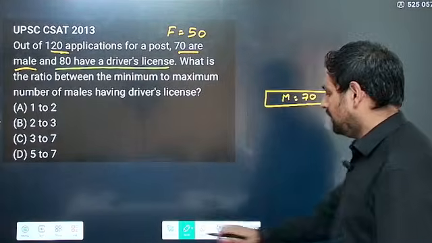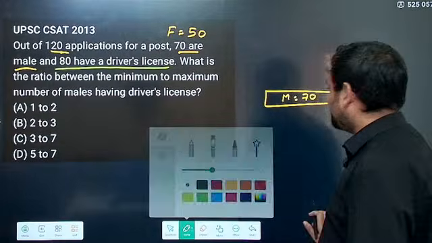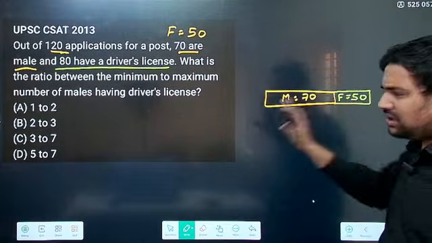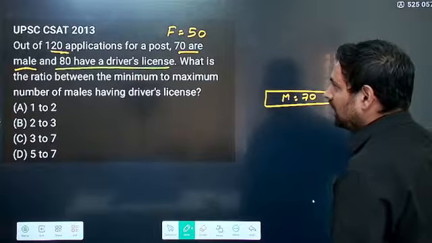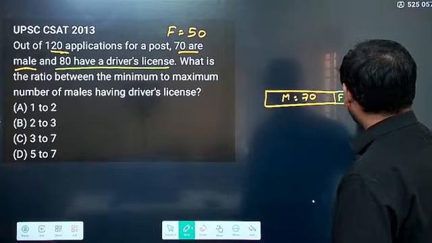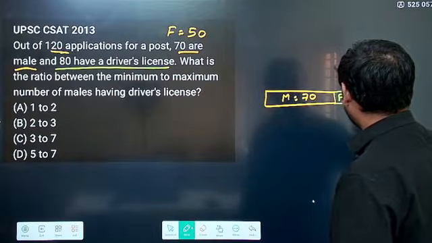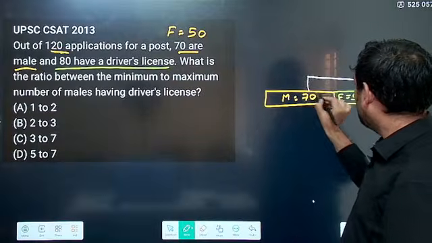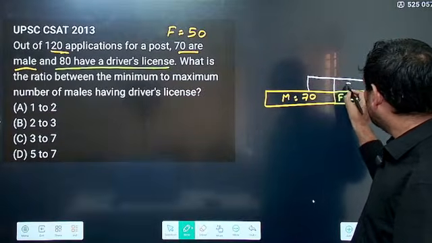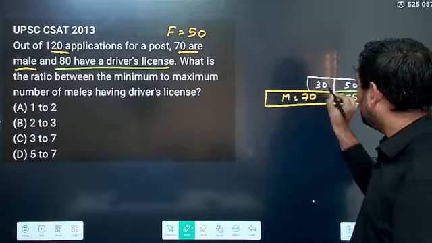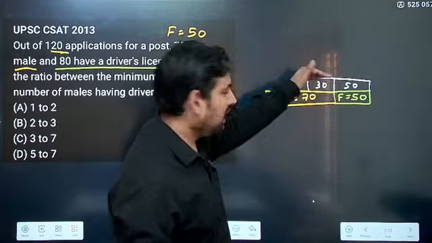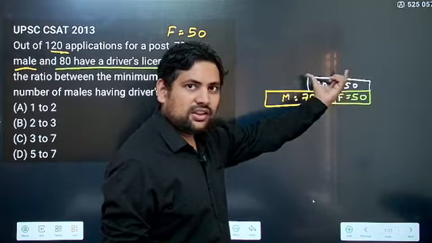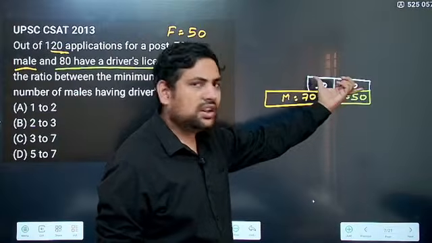You know my process now. I will start from either end. I start from here, and I have to go till 80. So I start from here, and this is 50. So I have to go a little more, 30 more. So this is 50, this is 30. I don't write driving license here, but understand that the top and bottom I draw are for the driving license only.